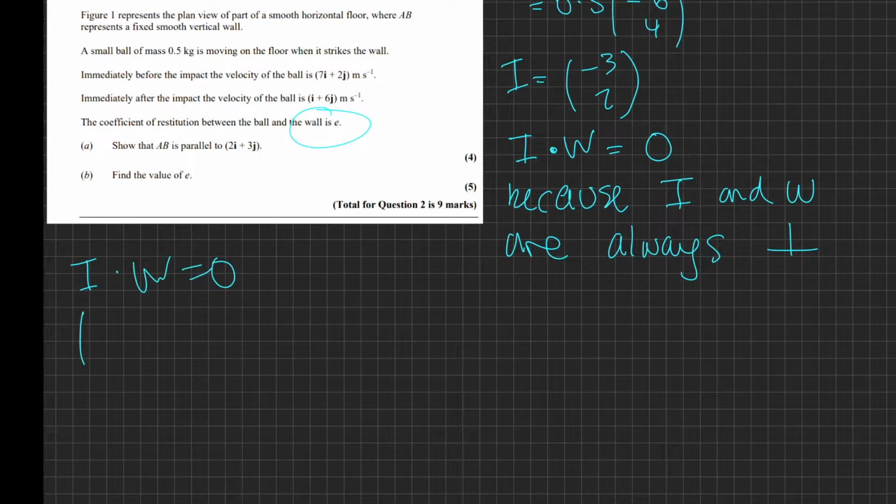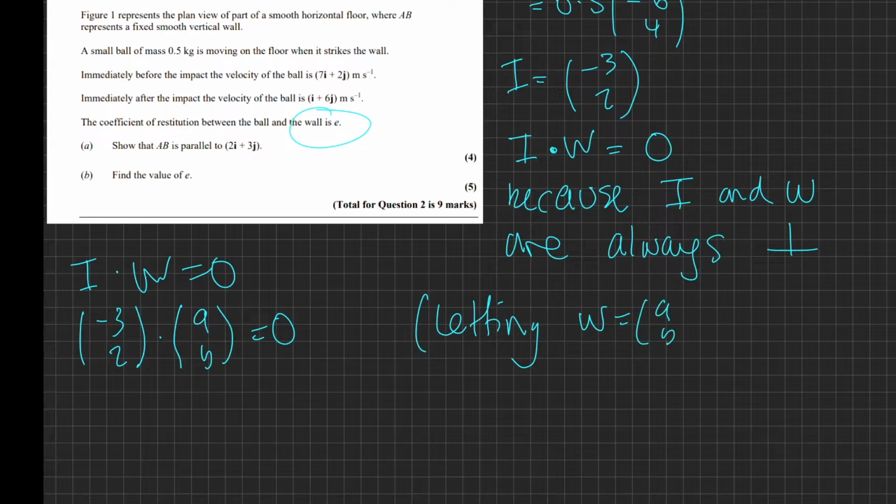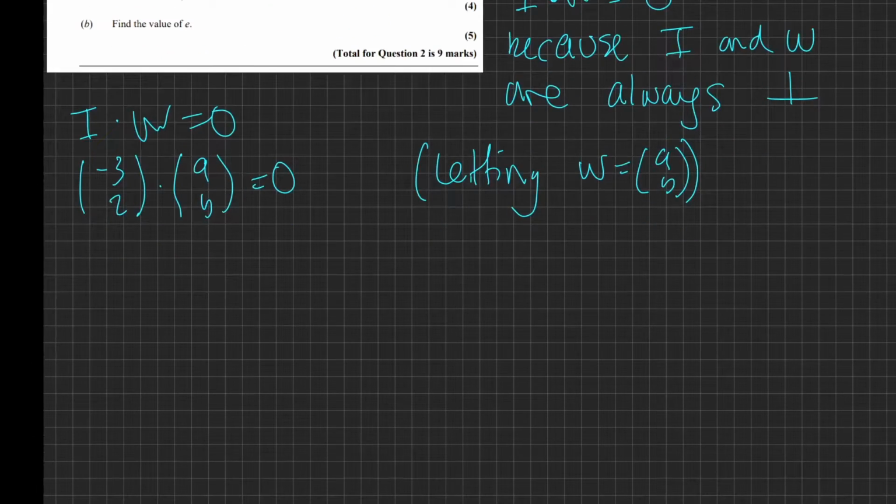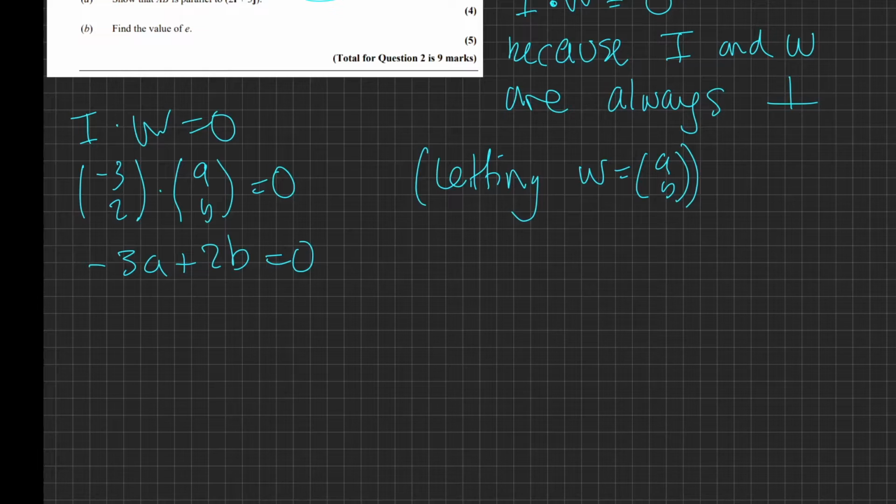The impulse (minus 3, 2) dotted with the wall vector, letting the wall vector be (A, B), is 0. So we get minus 3A plus 2B equals 0. We only have one equation for this, however, we can just pick any values of A and B that work. If we pick A as 2 and B as 3, which would be the most obvious set, we get minus 3 times 2 plus 2 times 3, which obviously gives you 0. Therefore, the wall vector is (2, 3).